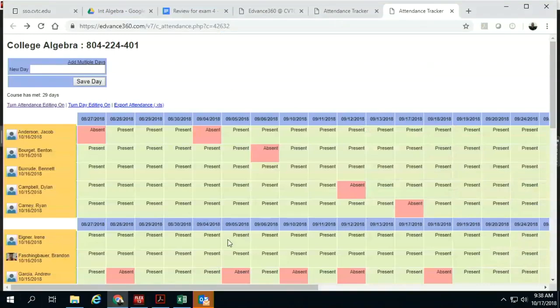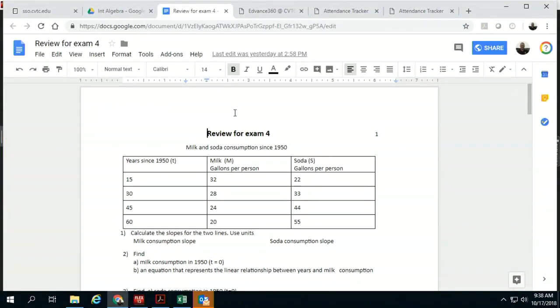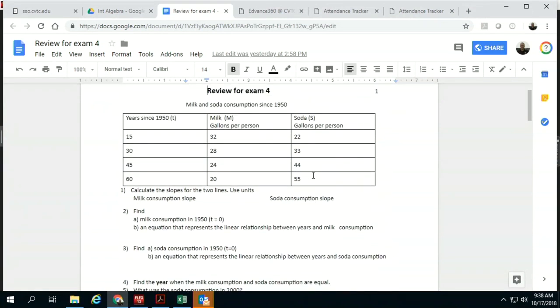For question 2, I went back to the day it came and I was like, how much? Okay, so if you look here, find the milk consumption in 1950. Well, if you notice, they don't have 1950 on here, right? No, it would just be 0.